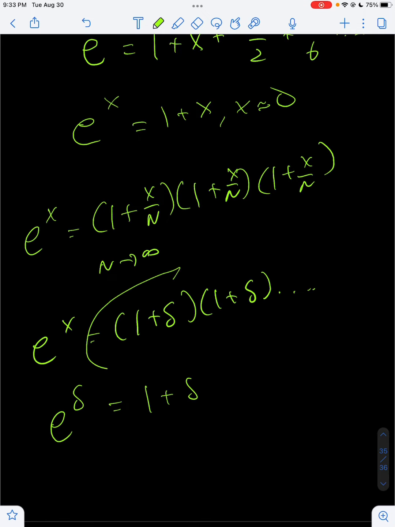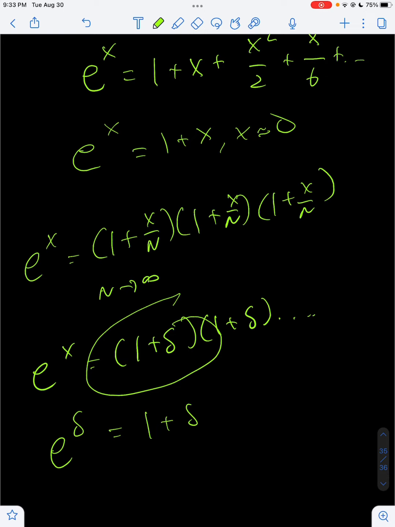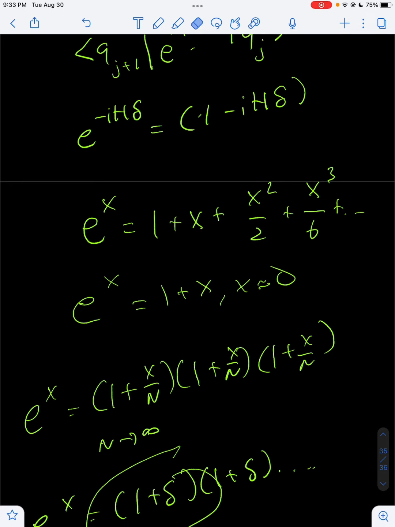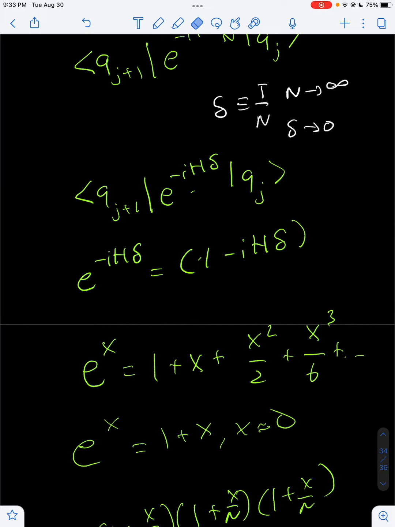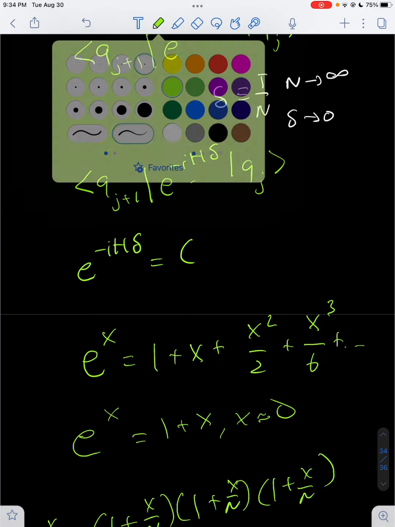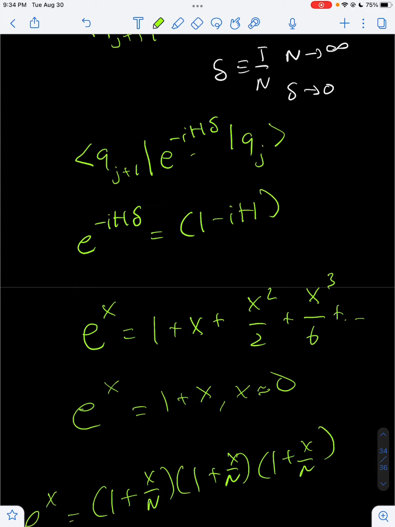We just stop at the first term, and we build all the other terms by constant multiplication. I hope that makes sense. So since we're letting delta be really small for our time slice here, the Taylor series expansion is just going to be 1 minus i h delta. I think I wrote a delta here. It's just 1 minus i h delta. Okay?